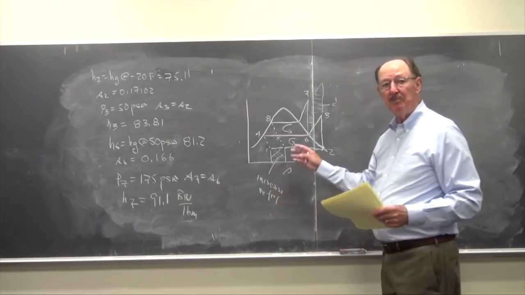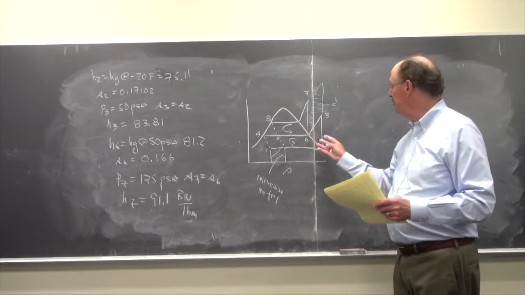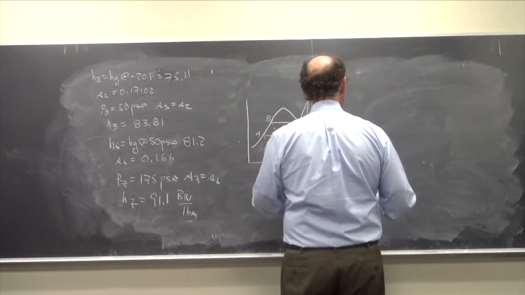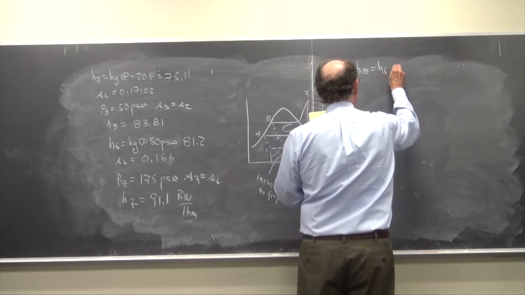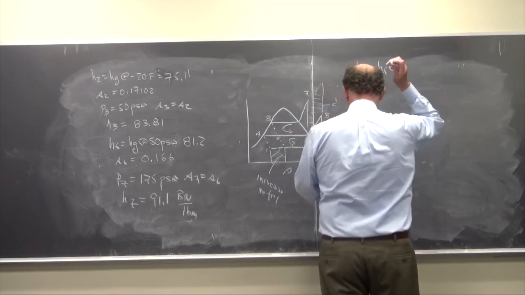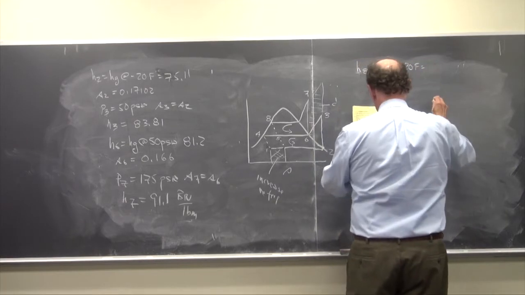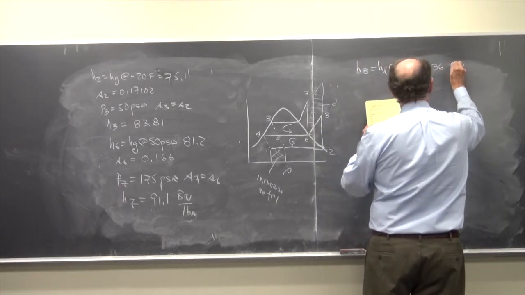And it's important that you draw this TS diagram, because otherwise finding a state you lose track of your numbering system and everything else. So H8 is equal to H sub F at 120 degrees Fahrenheit. So that's equal to 36, and this is equal to H5.